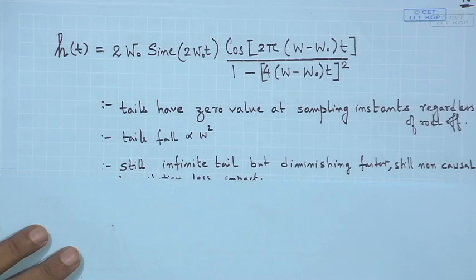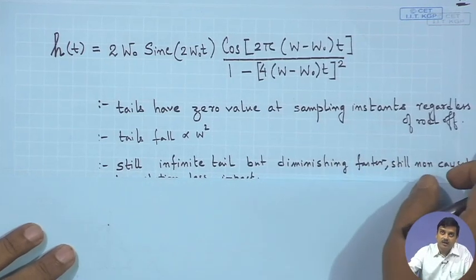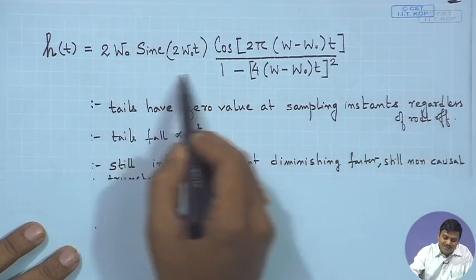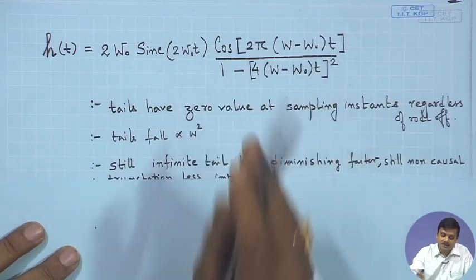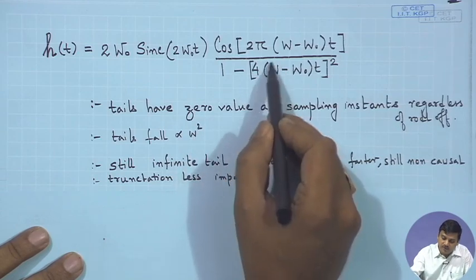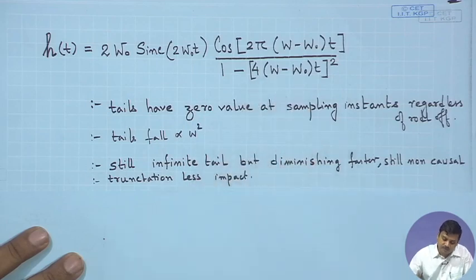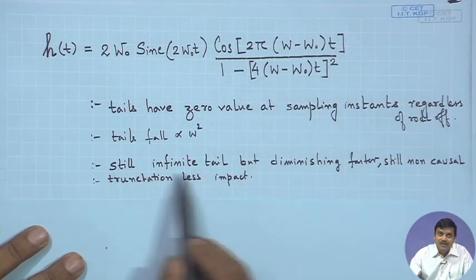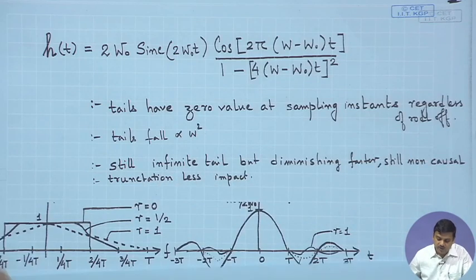So, this has tails which go to 0 at sampling instants regardless of the roll off, that we have already said, because we are multiplying with the sinc, as you can clearly see. So, if this goes to 0 at sampling, whatever is there will go to 0. Tails fall off as t squared, what you can see in the denominator there is t squared. So, the power falls off as t to the power 4, and still there is an infinite tail, but since it diminishes faster, you can do some truncation, as we have pointed out.